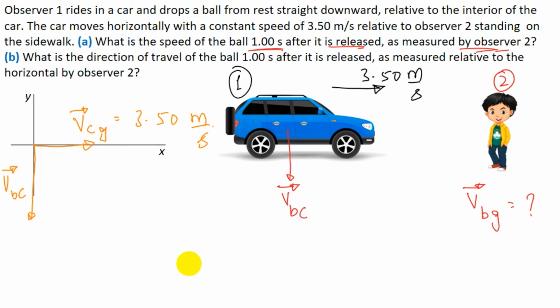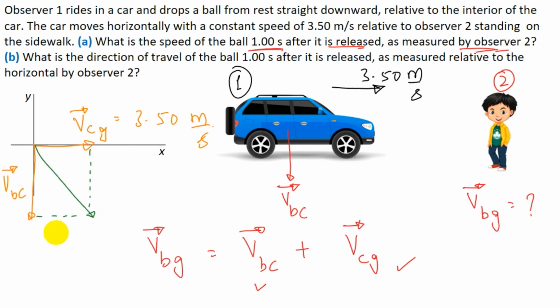Now from the relative motion concepts, we can write that the velocity of the ball relative to ground equals the velocity of the ball relative to car plus the velocity of the car relative to ground, and the direction of this velocity and this velocity we know. This is VCG and this is VBC. So the sum of these vectors will be given by this vector.